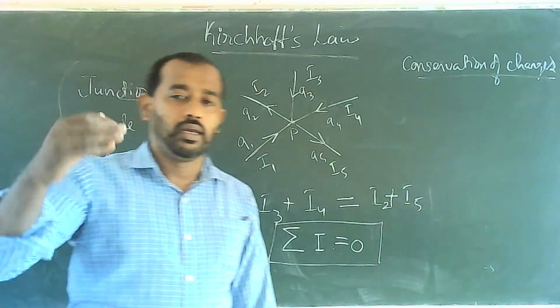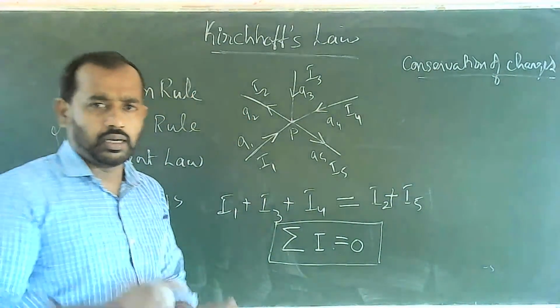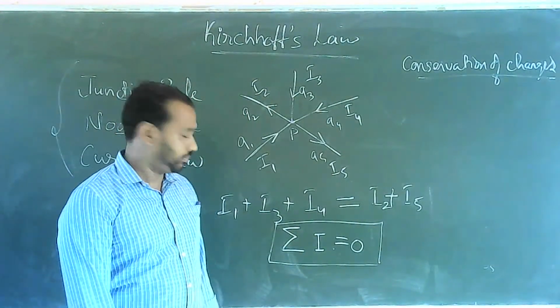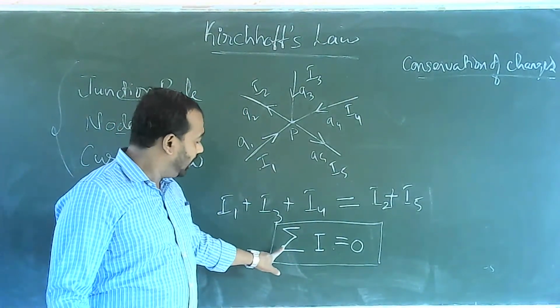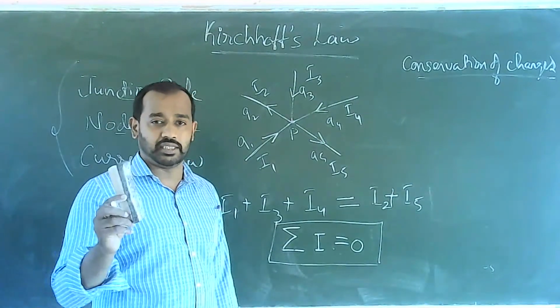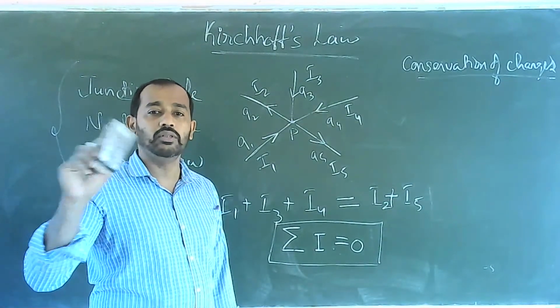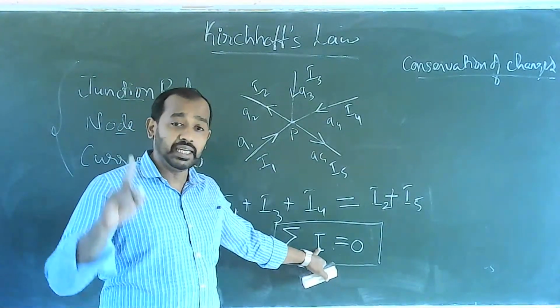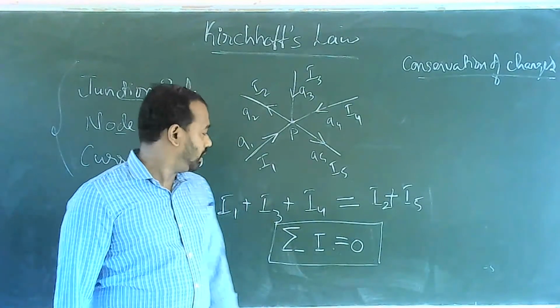It may be stated in different ways. I will quote every possible statement. The first statement is: the algebraic sum of currents at a given junction is equal to 0.